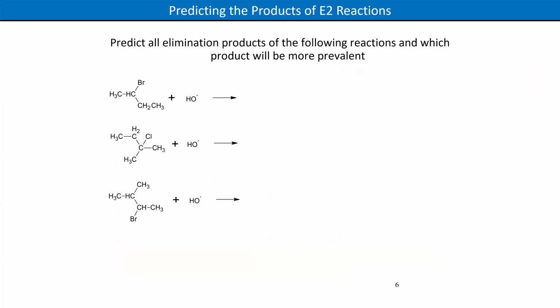So for this first one, our leaving group is leaving. Our hydroxide can either grab a hydrogen from here or from there. Right, because either way, we're making H2O. And we've got bromide floating around.